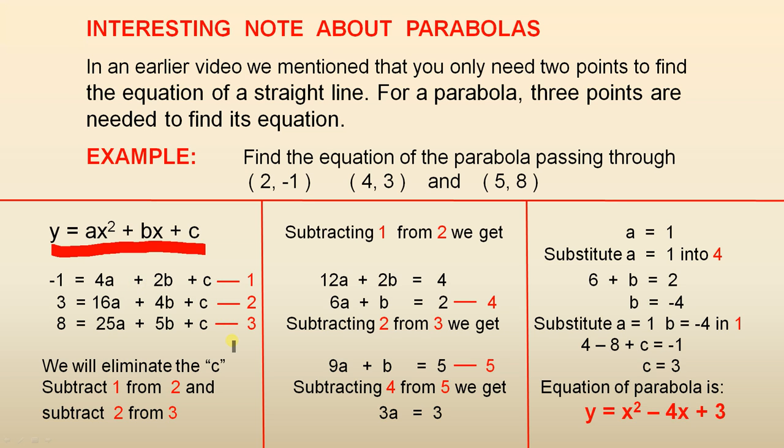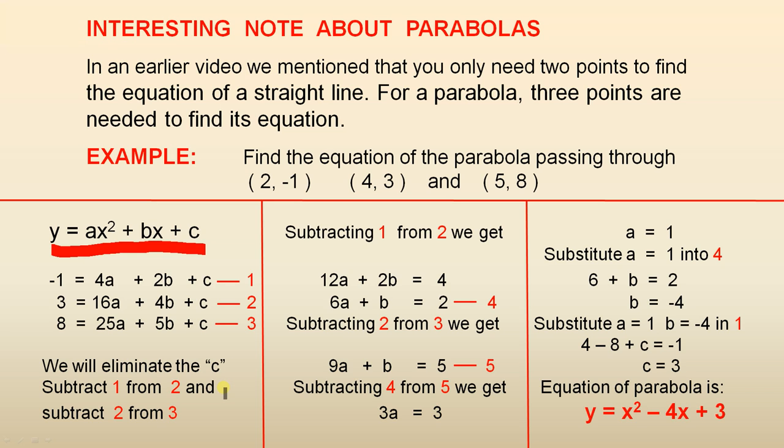Now, we go through a process which allows us to find a, b, and c. So we solve these equations simultaneously. We are going to eliminate the c. So our first steps will be directed to eliminating the letter c.